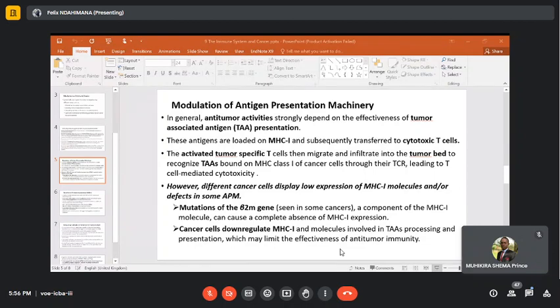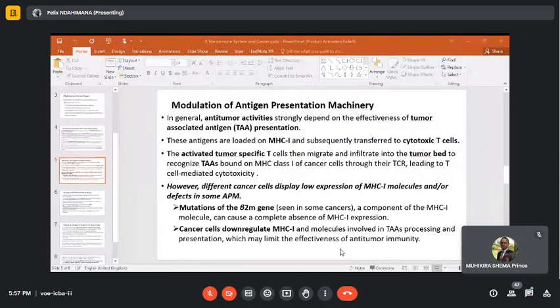Others have a defect in some APM, antigen presentation machinery. You can see it in the title, APM is antigen presentation machinery. So they either have a small number of MHC class 1 or there is a defect in the antigen presentation machinery. We have, for example, a mutation of the beta-2M gene, which is seen in some cancers.